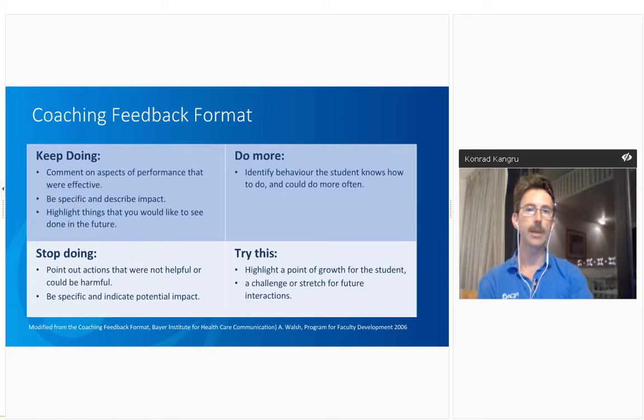And some of that also comes into do more. You want to be able to show the registrar, look, I could see there were glimpses of these things. We'd like to see you build on that and use that more often and more frequently. Sometimes that might be perceived by the registrar as just giving them permission. It might be something which they are still feeling uncomfortable about using, or are worried about how it comes across.